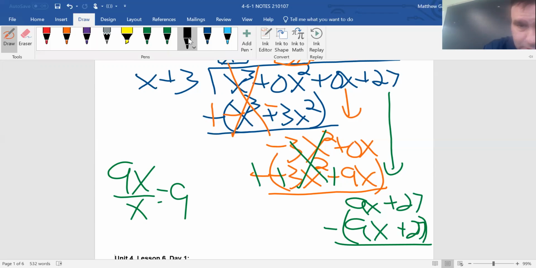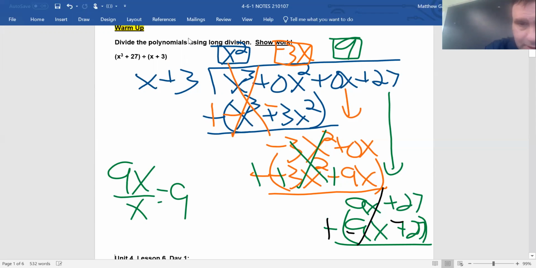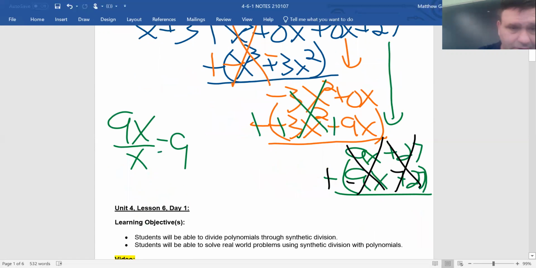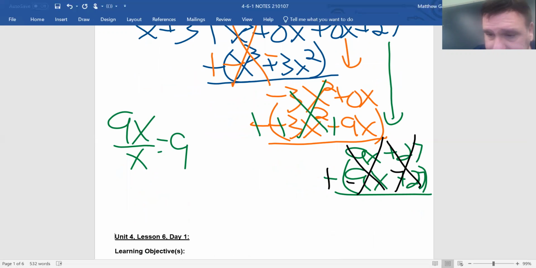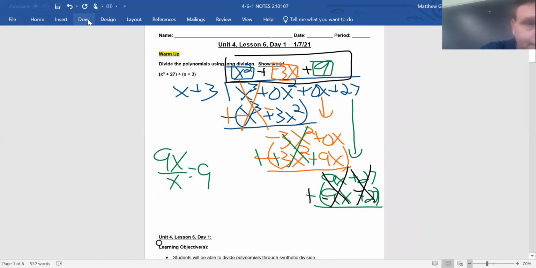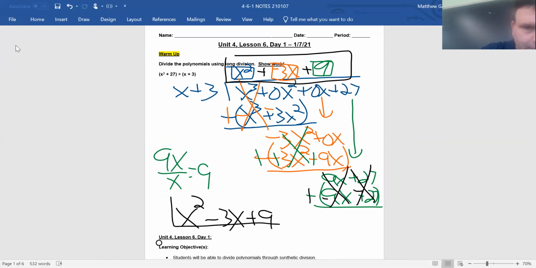Plus, minus, minus, everything cancels. That's our quotient here, x squared plus negative 3x plus 9. Let's just write a little bit more professionally here. x squared minus 3x plus 9 is your quotient.